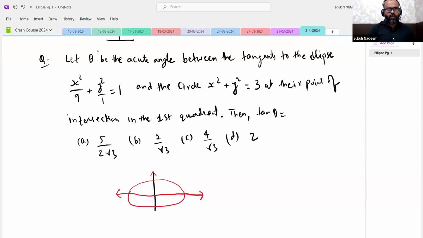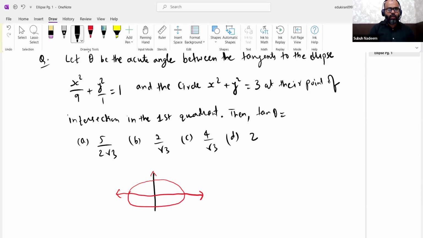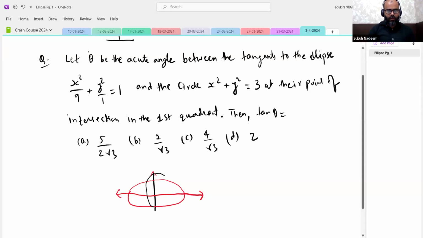So the radius of this is root 3. And the major axis of the ellipse, a is 3. So the circle would be something like this.